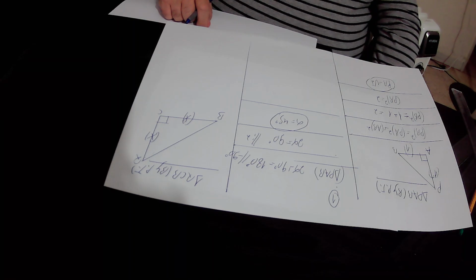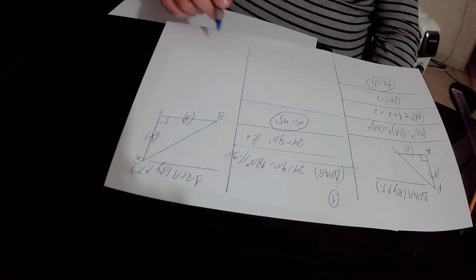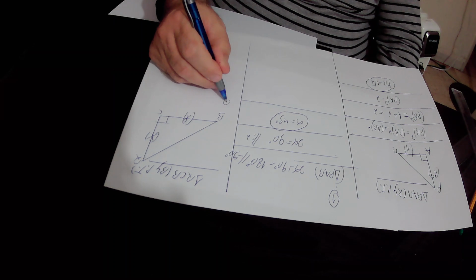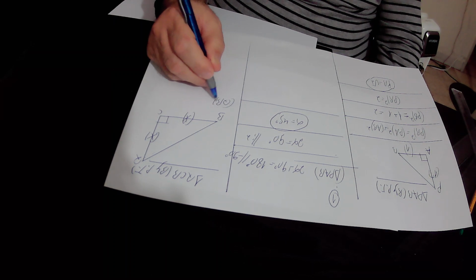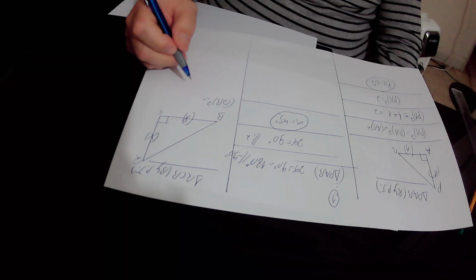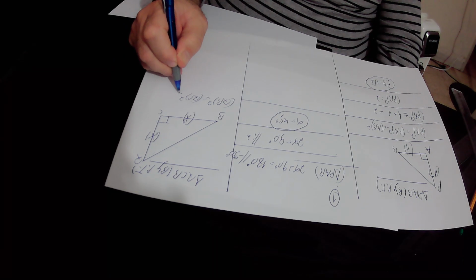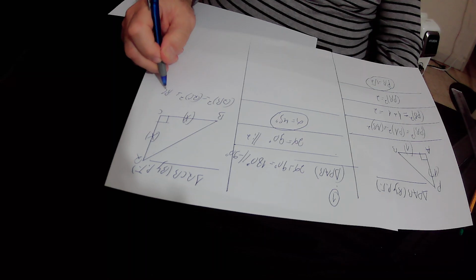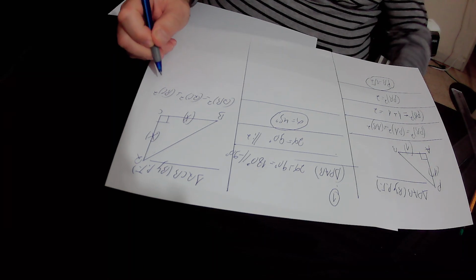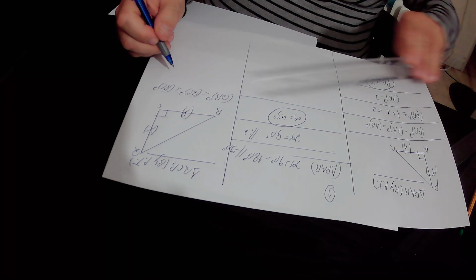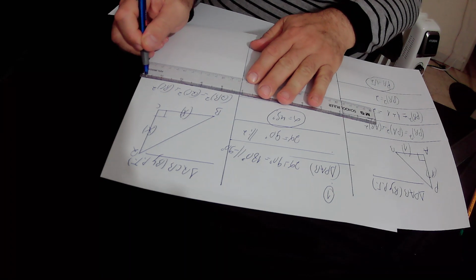In this right triangle QCB, according to the Pythagoras theorem, QB squared equals QC squared plus BC squared. The square of the hypotenuse equals the sum of the squares of the perpendiculars.